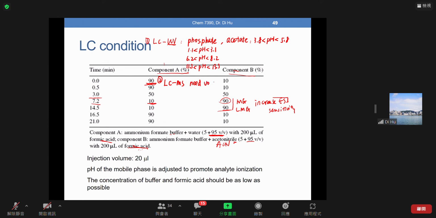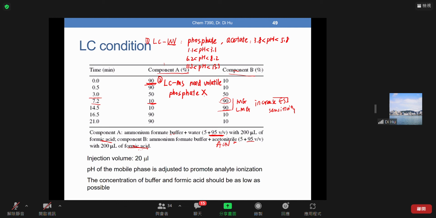Okay, it needs to be volatile. And then phosphate is not good, because it's not really volatile. Do not use phosphate buffer for the mass spectrometer when you're using LC-MS ESI.